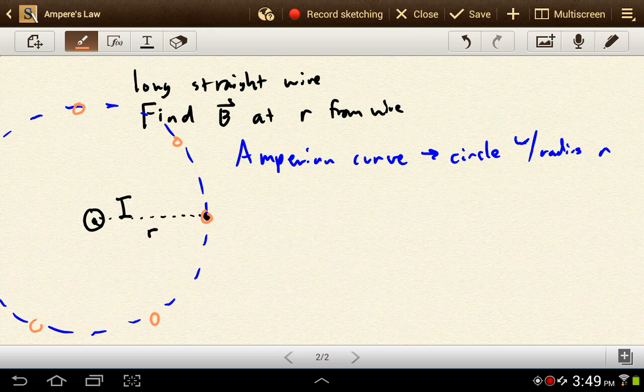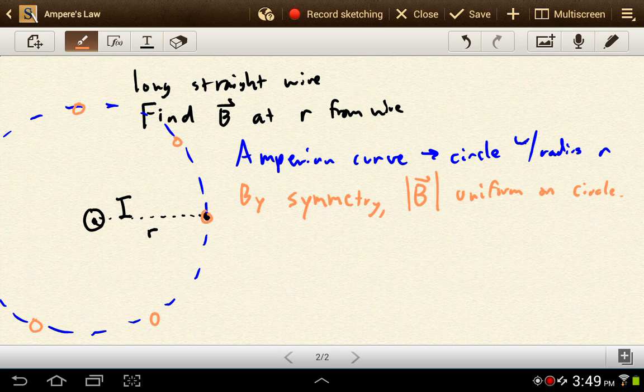So they all have to have the same magnitude at any given point on the circle. Sorry, I'm still getting over being sick. By symmetry, the magnitude of the magnetic field is uniform on the circle.